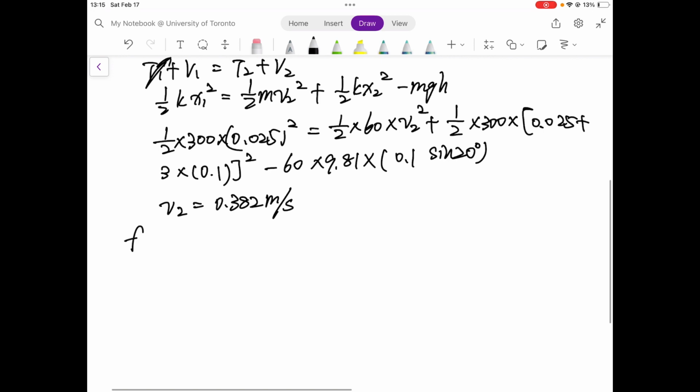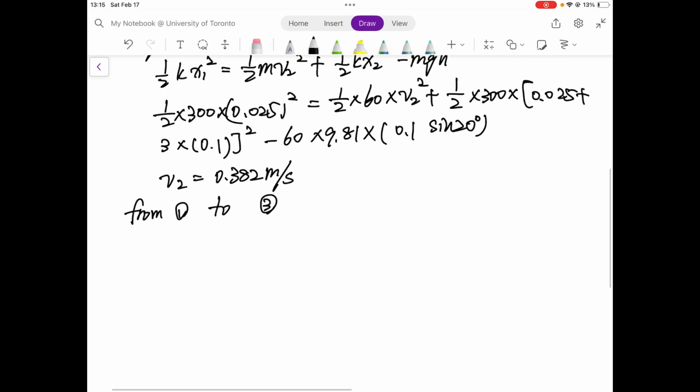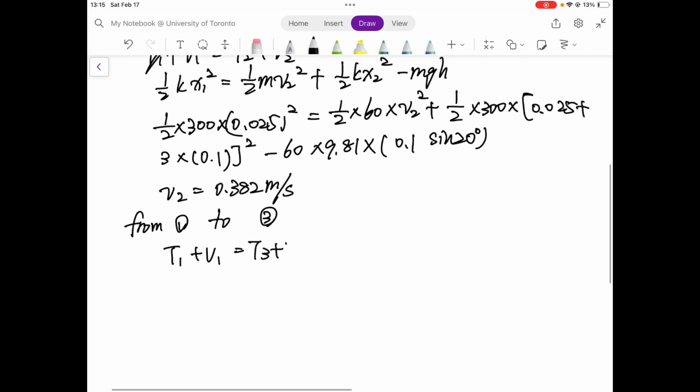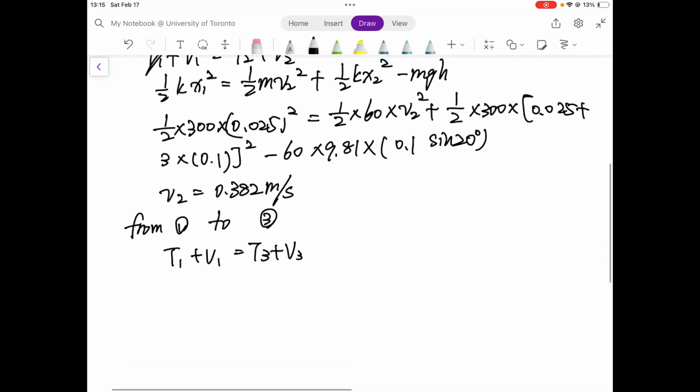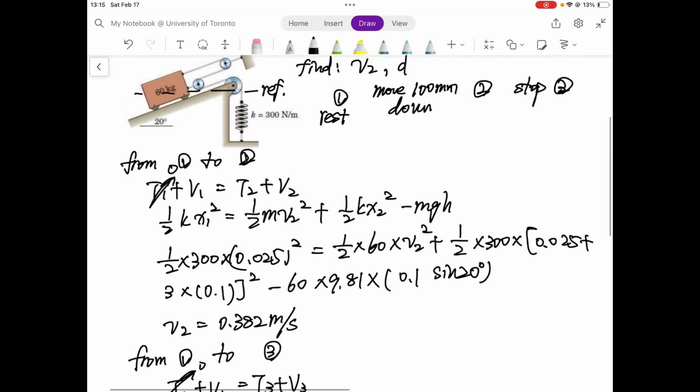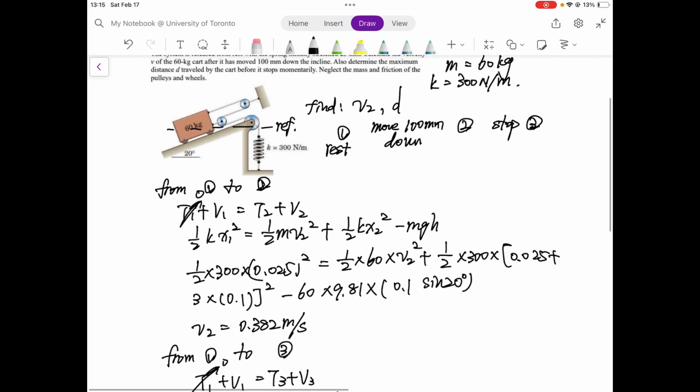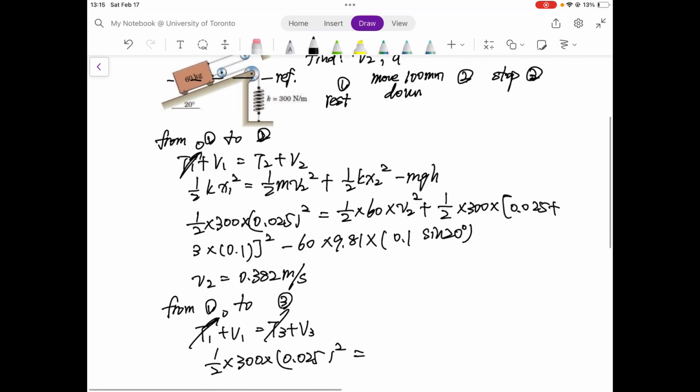So from 1 to 3, we have T1 plus V1 is equal to T3 plus V3. Again, T1 is equal to 0, V1 is equal to 1 over 2 times 300 times 0.025 squared. At state 3, the cart is also at rest, so T3 is equal to 0.